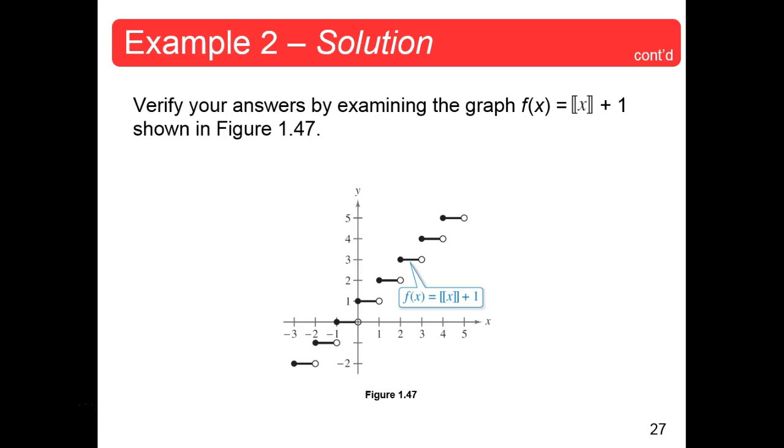Some of the old cell phone plans, for so many minutes, you got it at a certain rate. Any minutes over that, then it goes up an increment. Those are all piecewise defined functions, right? You use them all the time and probably don't even realize it, okay? Step functions.